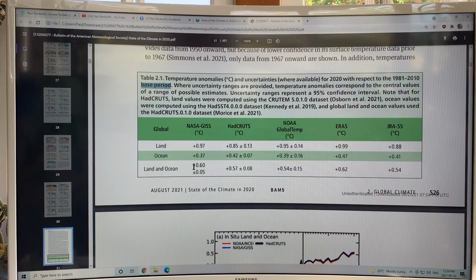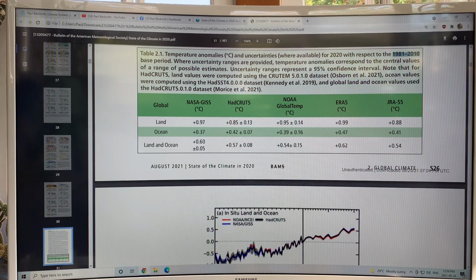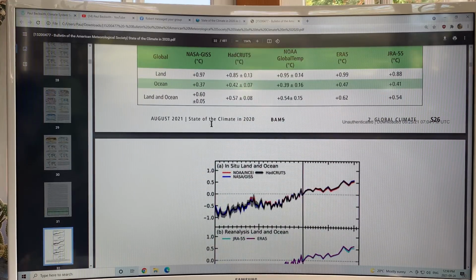And in order to put it, if you look at the baseline 1981 to 2010 relative to 1880 to 1910, you need to add about 0.5 on there. So if you add 0.5 degrees Celsius, you get 1.1 degrees Celsius, which is a number you probably remember as the global temperature relative to the turn of the last century. So over the last century or so.